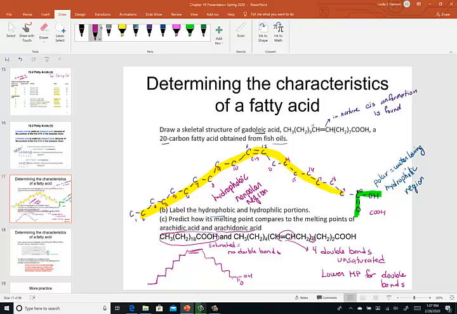So kind of thinking about this through, this would have the highest melting point because it has no double bonds. The one that we just drew would be in the middle because it has 1 double bond. And the lowest melting point would be the one with the 4 double bonds. So this would be the lowest between the 3.